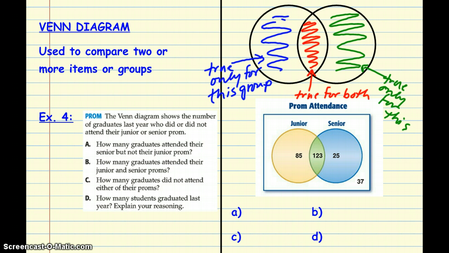Okay, so let's take a look at our last example. It talks about the number of graduates last year who did or did not go to the junior or the senior prom.